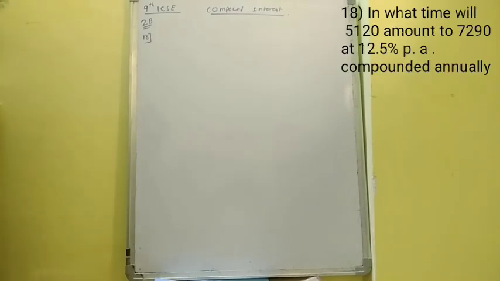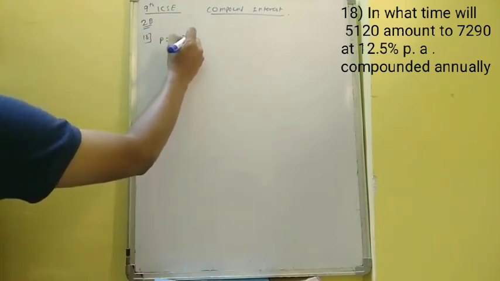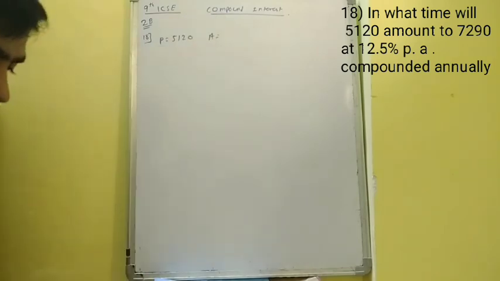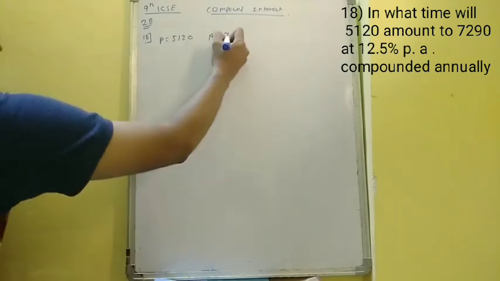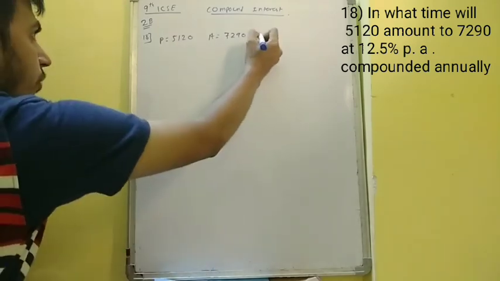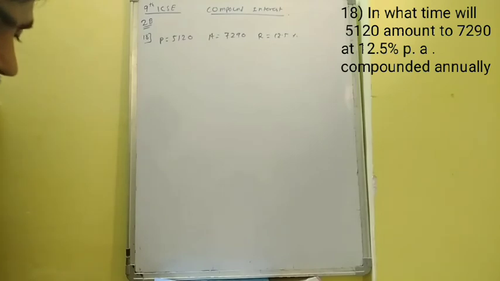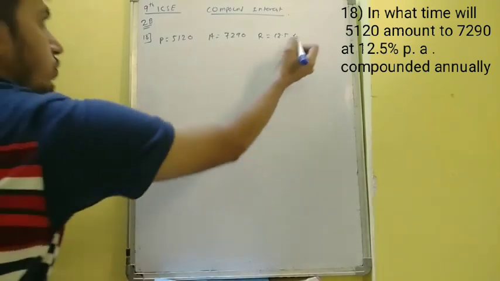In what time will 5120 amount to 7290? So the principal is 5120, which will amount to 7290. Rate is 12.5%, and you are asked to find the time.